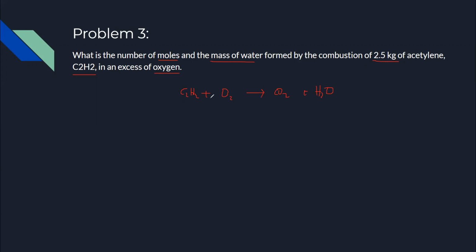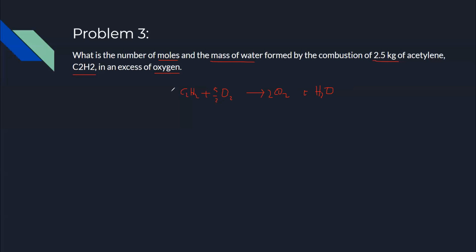So then we have to balance by looking. So we have 2 carbons, so we have to make it 2 CO2. Then we have 2 hydrogens, so we don't have to balance that. Then we have to just look at the oxygen. So we have 4 oxygen plus 1 oxygen on the product side and 2 oxygen on the reactant side.